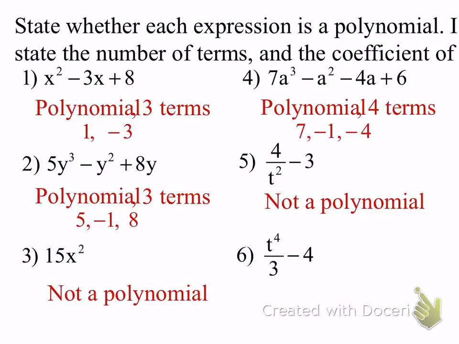I could write this term as 4t to the -2 power minus 3. So it is not a polynomial. Is this one a polynomial? Yes. Yes, it's not a negative exponent, so it would be. And my coefficient would be 1/3. There's 2 terms. Is that clear?